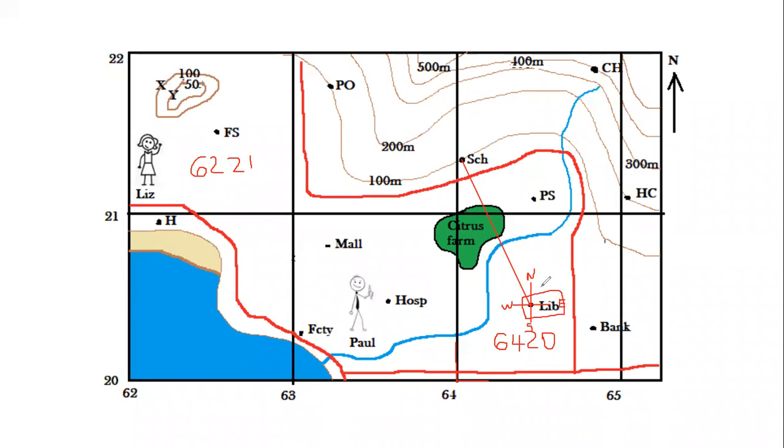Intercardinal points are simply the points that are found between the cardinal points. Remember, we have primary intercardinal points, and we also have secondary intercardinal points. Now, what would you say is the direction of the school from the library?